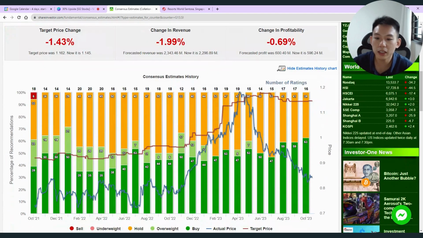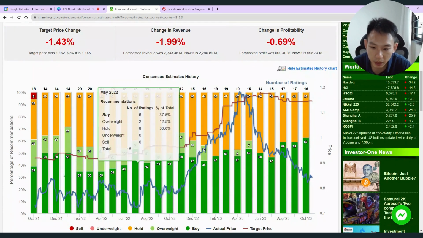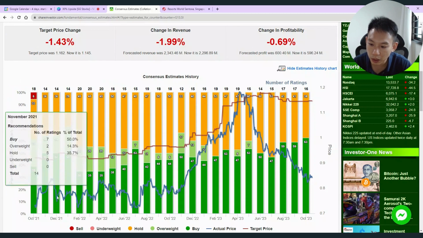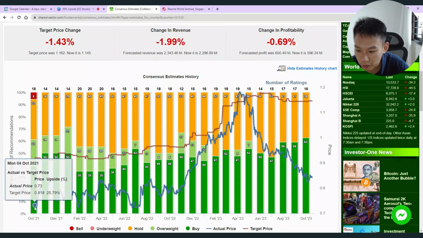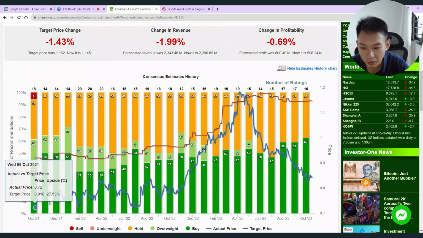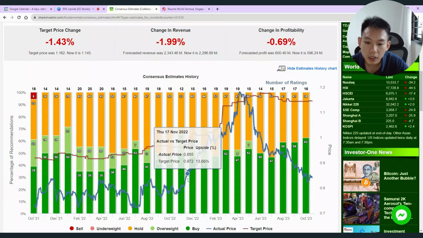And looking at the consensus trend, I would say that Genting Singapore has always traded at very subdued prices. It has been trading range bound from 73 cents to around 80 something cents from 2021 to 2022.